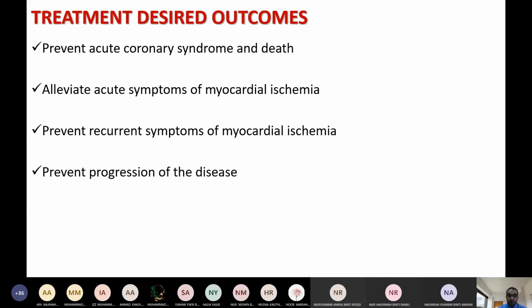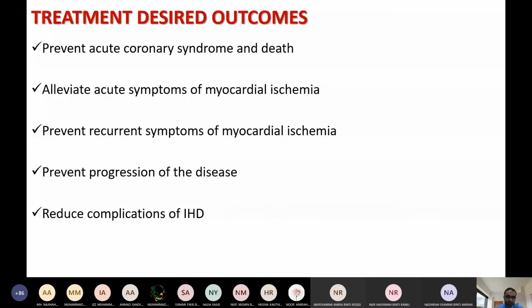Prevent progression of the disease. As we mentioned, disease progression and prognosis can be modulated by many factors, so one of the desired outcomes is to investigate what factors may contribute to adverse outcomes and how we can intervene to prevent disease progression.